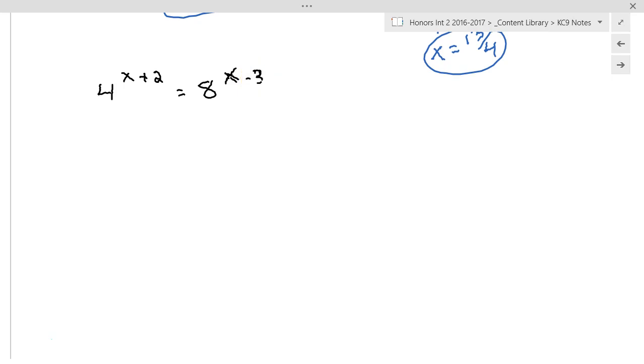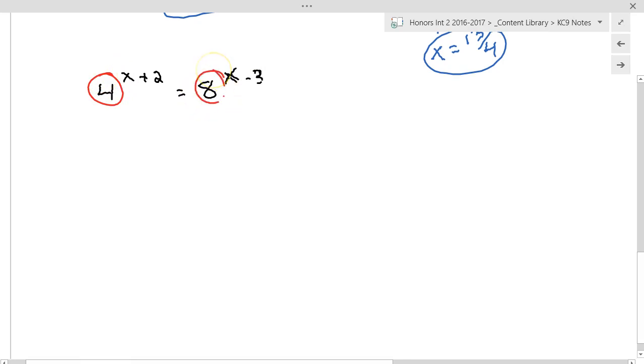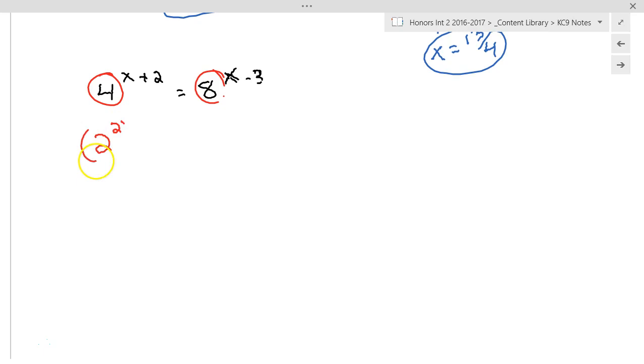Now, if you look here, again, I have a 4 and an 8. Remember, 4 squared is not 8. 4 squared is 16. So 4 and 8 do have a common base, but it's not 4. Their common base is 2. 2 squared is 4. 2 cubed is 8.